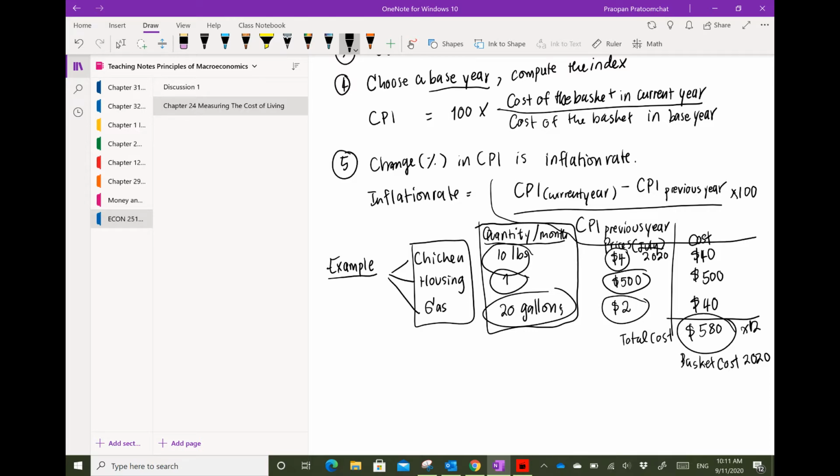Calculator. $6,960. Okay. This is the basket cost for the whole year.